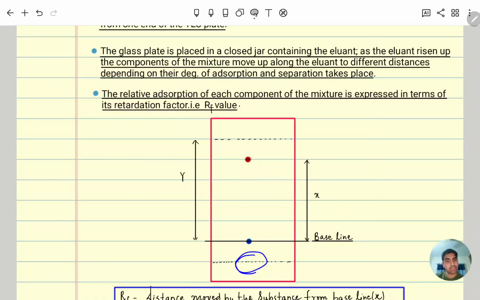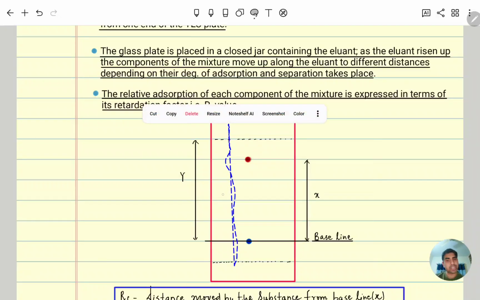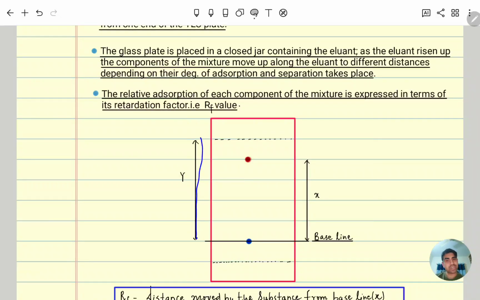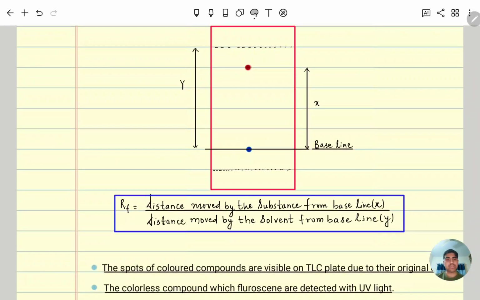And since the solvent or eluent is in the mobile phase, due to capillary action it will rise up a little bit more. Let's suppose its distance from the baseline is y. So the retardation factor is always less than 1. The retardation factor for this pigment will be x by y: the distance moved by the substance from the baseline divided by the distance moved by the solvent from the baseline.